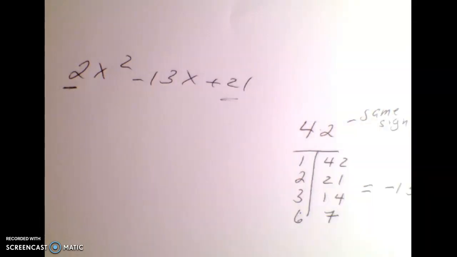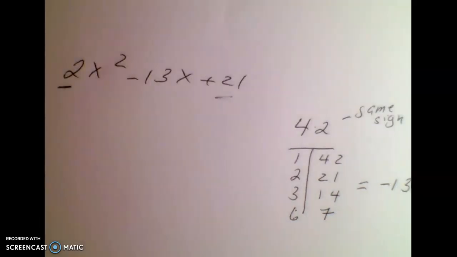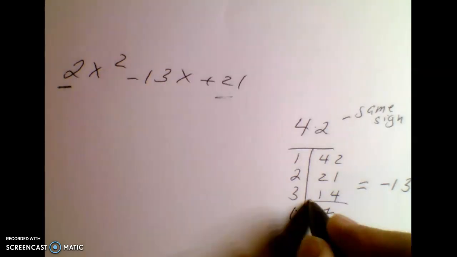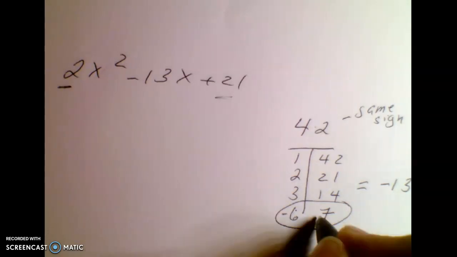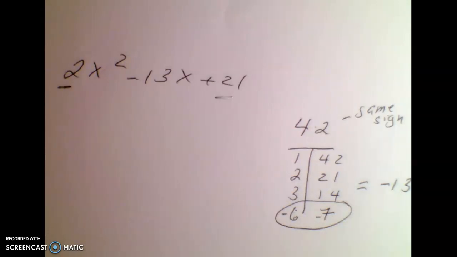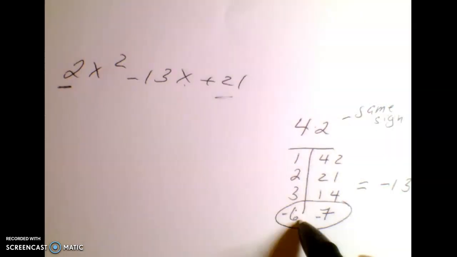So that must mean that they're both negative. Okay, so both of these have to be negative, and when I add them together, I should get a negative 13. If I look down here, negative 6 and negative 7 equals a negative 13. So these are my two factors, and I'm going to replace this with these two numbers.